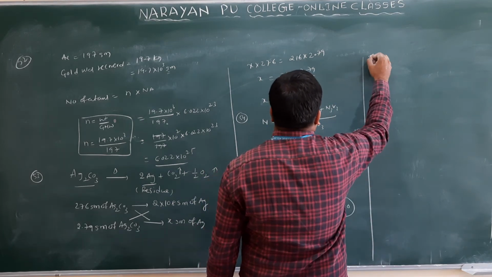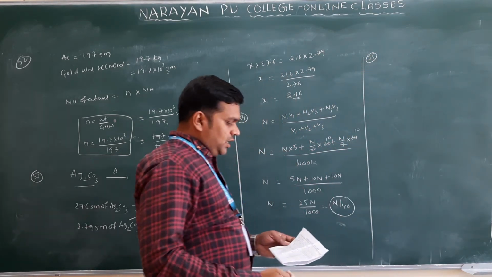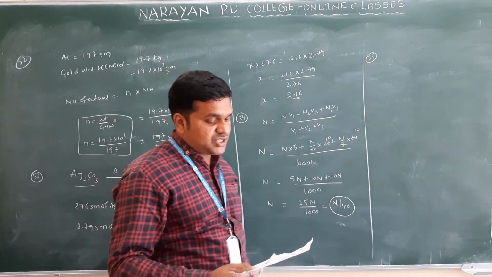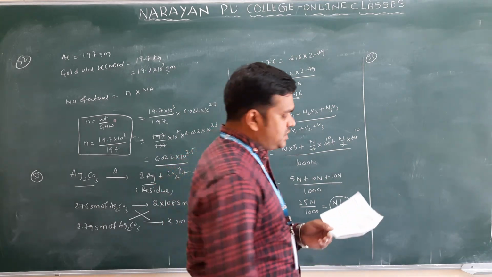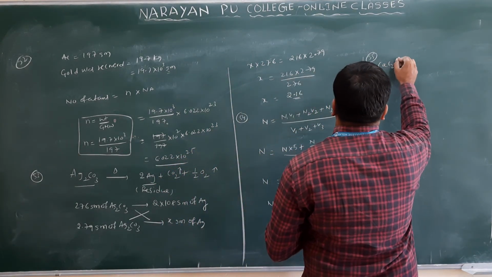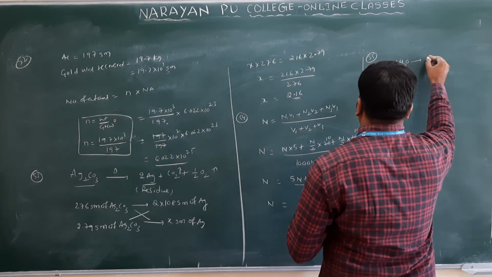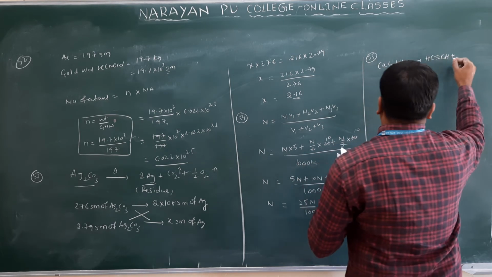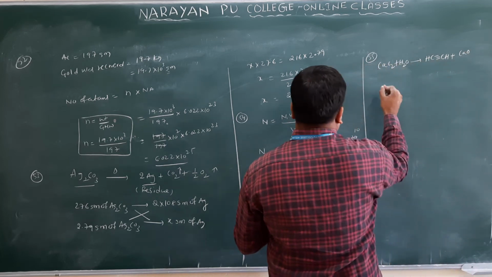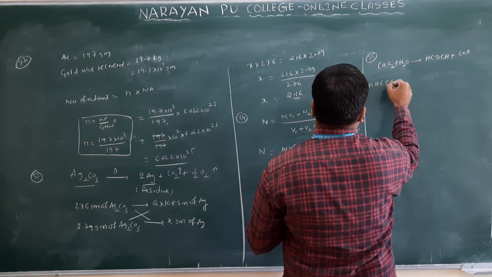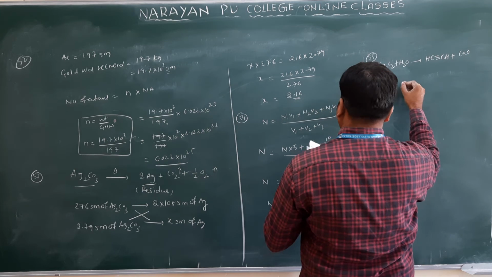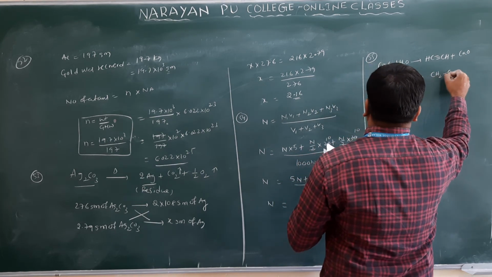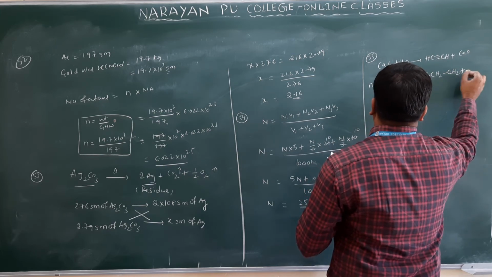Now we can see question number 55. Polythene can be prepared from calcium carbide according to the following sequence of reactions. That is given: CaC2 plus H2O gives HC triple bond CH plus CaO, and one more is given: n moles of HC triple bond CH plus n moles of H2 gives rise to (CH2) taken n times.